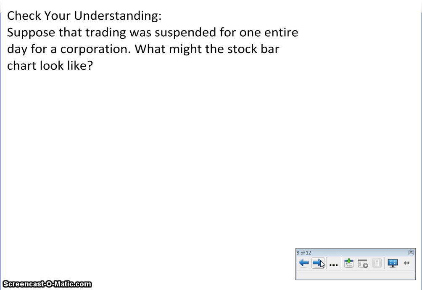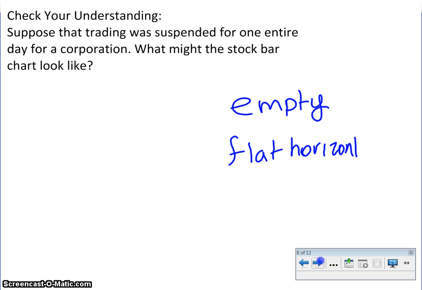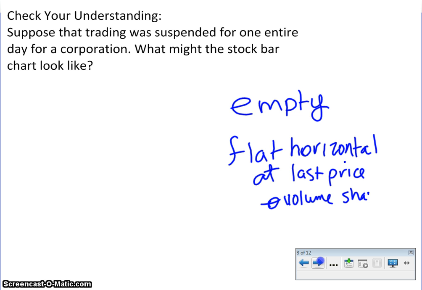Quite honestly, it might be empty, or it might have a flat horizontal line at 0, or at the last price, with 0 volume. So a horizontal line there for 0 volume of shares traded.